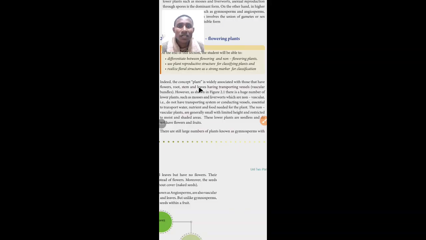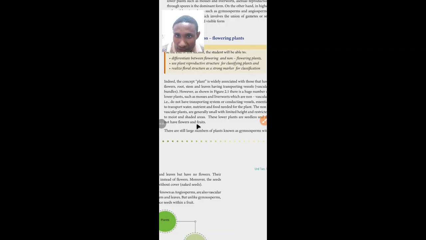But the other, which is phloem, is used to transport the produced food, or starch, in order to translocate the starch from the leaf to other parts of the plant, like from leaf to root, from leaf to stem, and other parts of the plant.